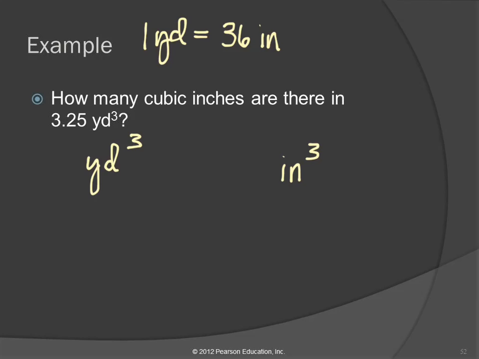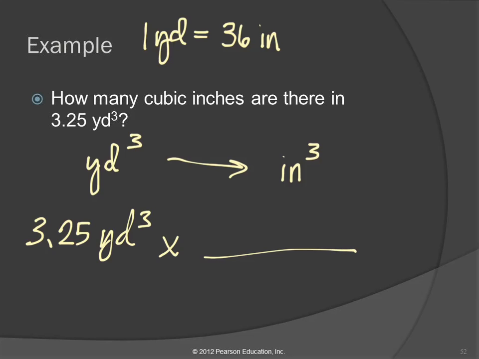So a yard equals 36 inches. Because we know the relationship between the units that are not cubed, we can do this with the units that are cubed. So over here, 3.25 cubic yards. And then I'm going to put this in without cubing the units.